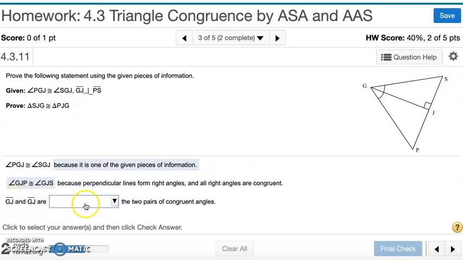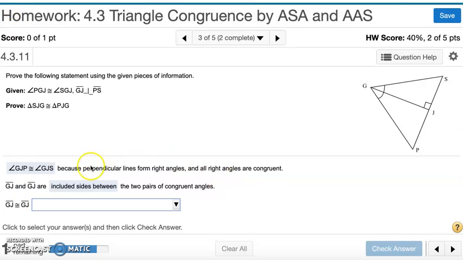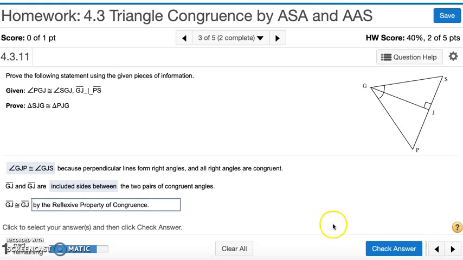GJ and GJ are the included sides between the two pairs of congruent angles. You can see here's the included side, and here's the two congruent angles. And GJ is congruent to GJ by the reflexive property of congruence.